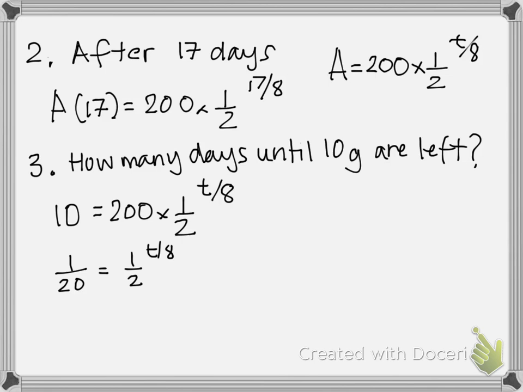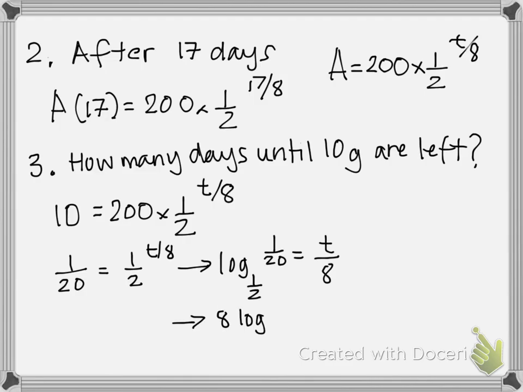So this is where we want to use logarithms to solve this. I could convert this using the definition of a logarithm, right? I could say log base 1/2 of 1 over 20 is equal to t over 8. See that? And then to get t, I simply multiply by 8.